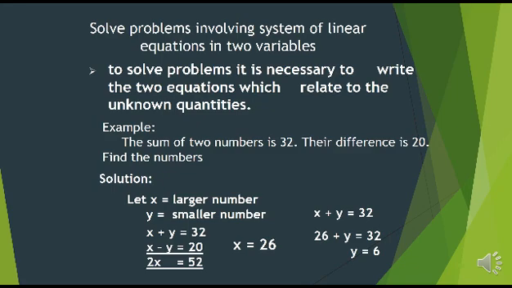Then y is equal to 6, since 32 minus 26 is equal to 6. So now we can find the numbers. The larger number x is 26, and the smaller number y is equal to 6.